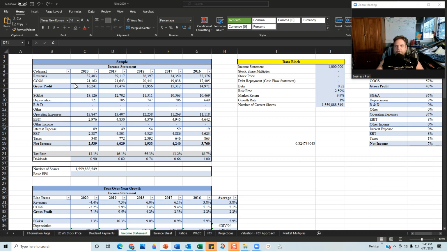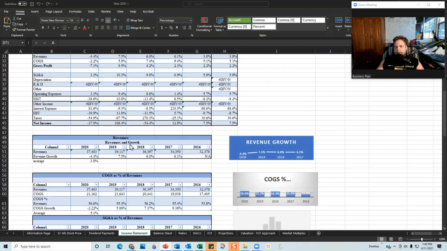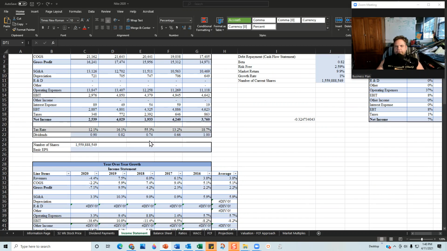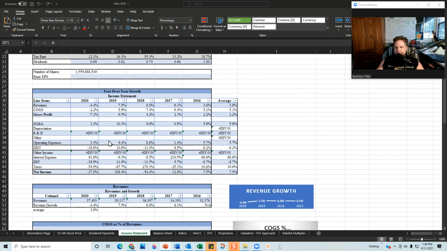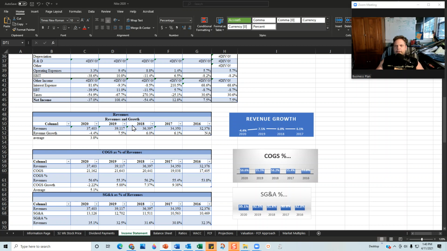I summarized the revenues, cost of goods, depreciation, operating expenses, and such. Once I entered that information, it automatically populated, and I broke out each line item individually so I can analyze that information without being distracted with all the other information that's going on.